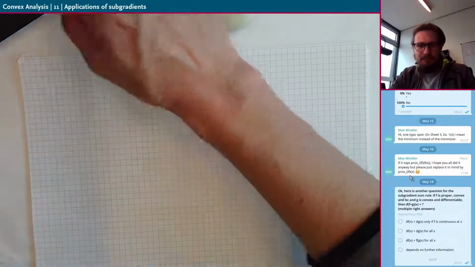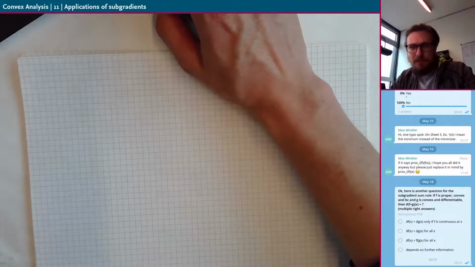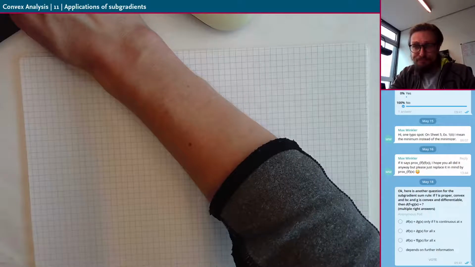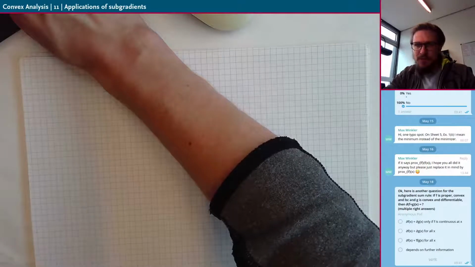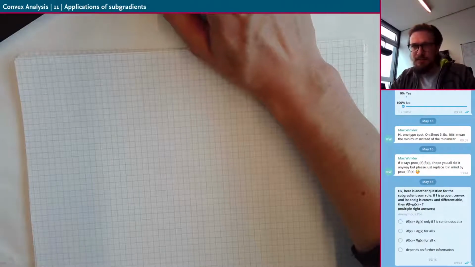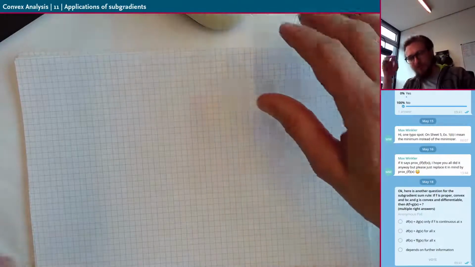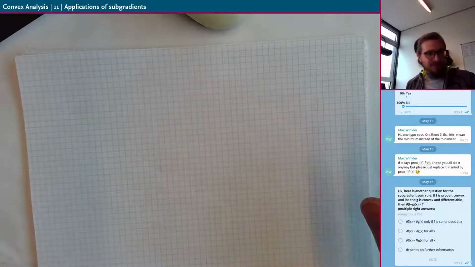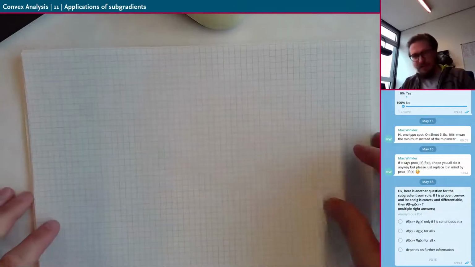Okay, there was that. Now I have a question on subgradients. We're going to talk about the subgradient sum rule today a little bit. The topic is applications of subgradients, but actually it's more examples and applications.